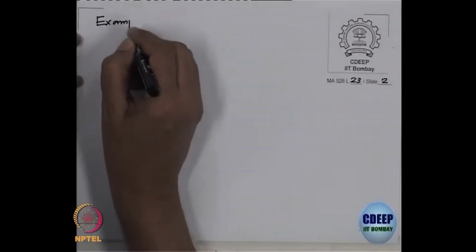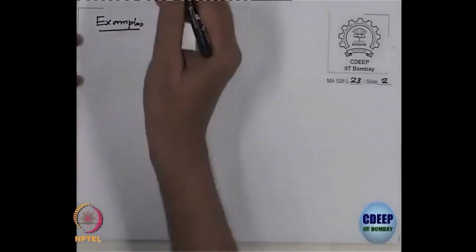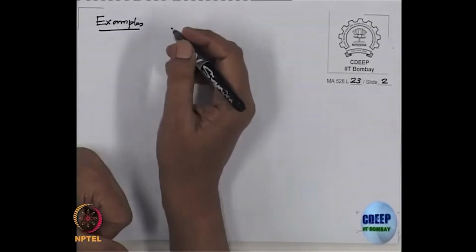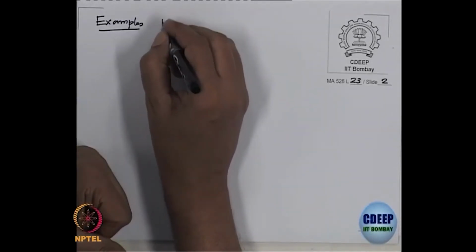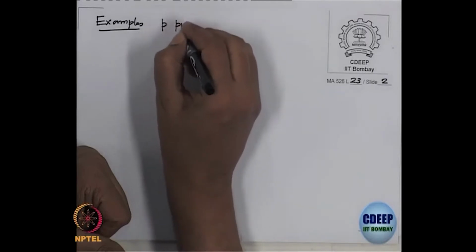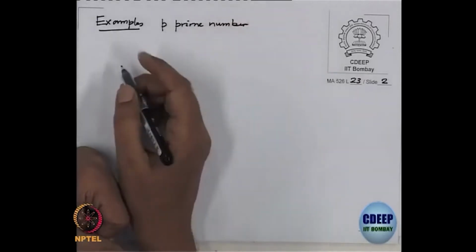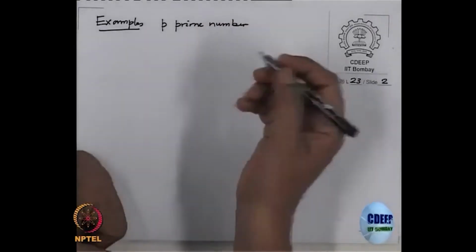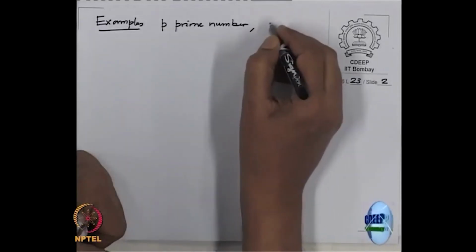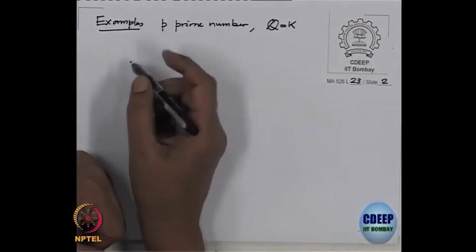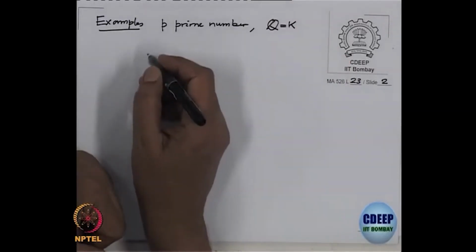Okay, so a few examples. This abstract definition came from these classical examples. Suppose I have a prime number P, and our field is Q. It came from the following.